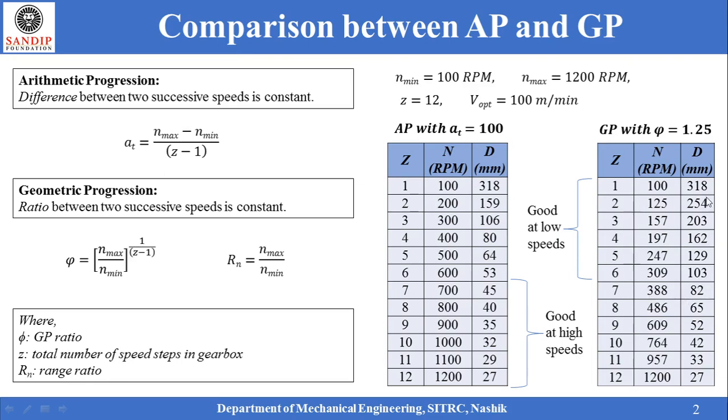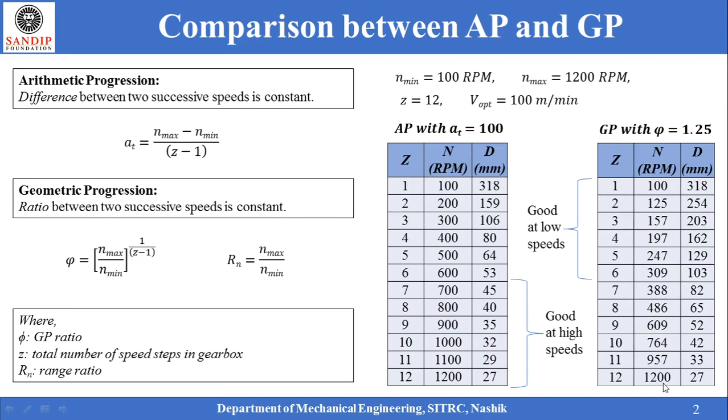Again, if you observe the upper half of this table as compared to the previous table, we can say that now the diameters are closely spaced. Thus, it will result in lesser loss of economic cutting speed as compared to a gearbox designed using AP.